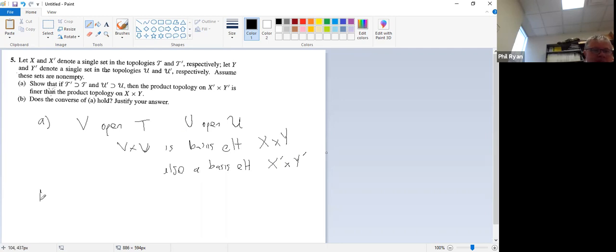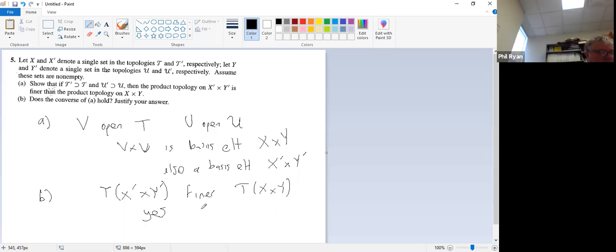Okay, and for B, what is it? If the topology on X prime cross Y prime is finer than the topology on X cross Y, then yes, the individual ones are going to be finer because we just used the previous question, because the projections are open maps.